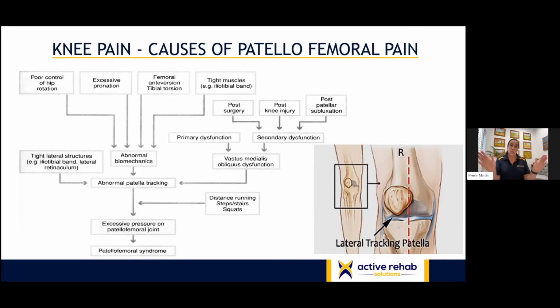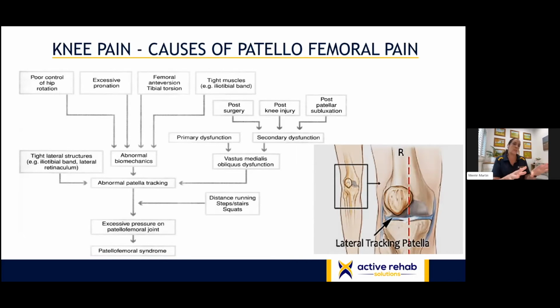If someone's got their toes pointing outwards with tibial torsion going outwards, you're going to end up with a tight biceps femoris, a tight vastus lateralis. The whole lateral structure can be addressed to help prevent people getting patellofemoral pain in the first place.